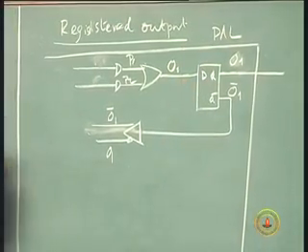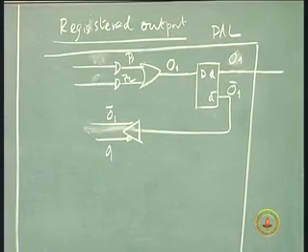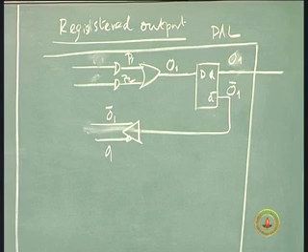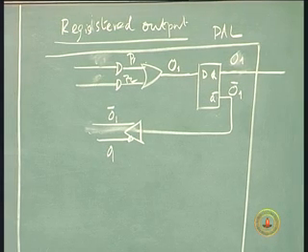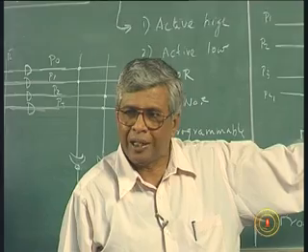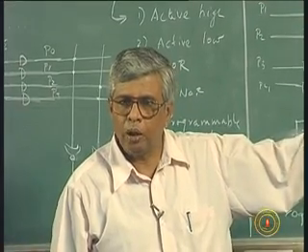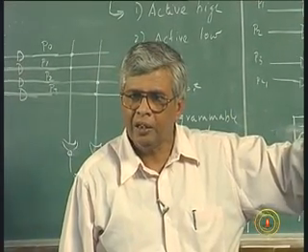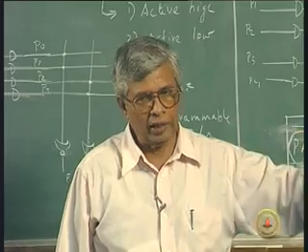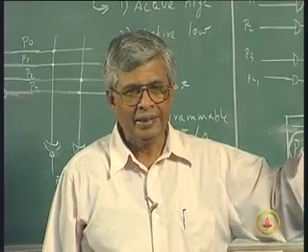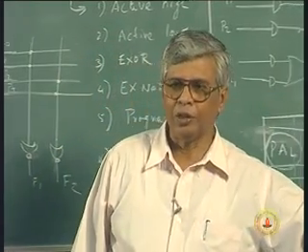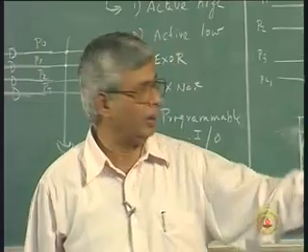This flip flop is inside the PAL. Output of an OR gate output of a PAL, combinational output, whether it is an active low or active high, does not matter, drives the flip flop to the next state. The next state information is fed back. All that is part of this.